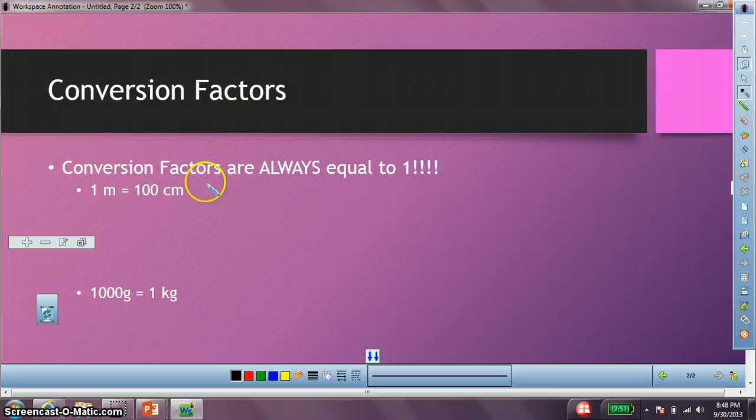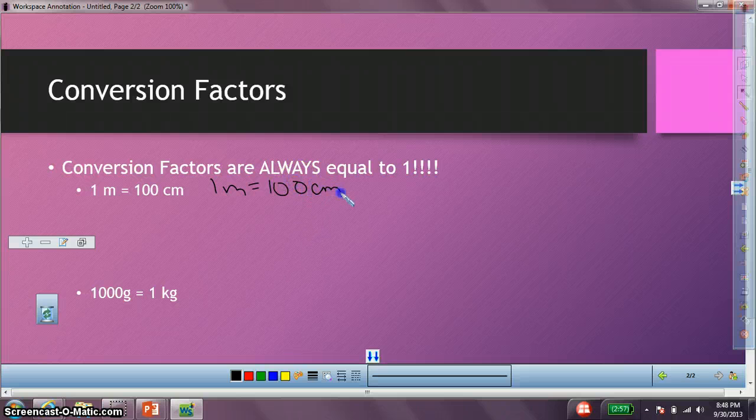We start out with some information we know, such as 1 meter equals 100 centimeters. And then we need to decide, do we want centimeters or meters to be in the denominator or on the bottom of the fraction? It will depend on the problem you're doing, but for this purpose, I'm going to say I want centimeters to be in the denominator.